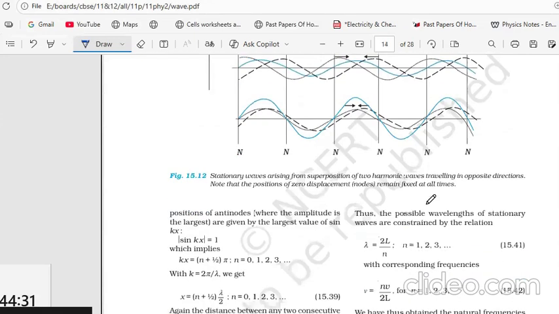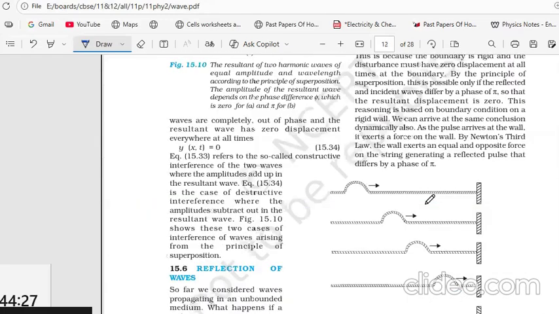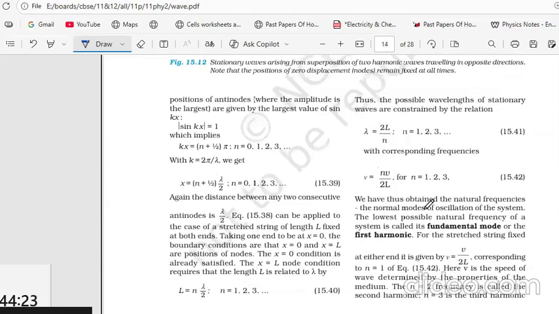So he says that the end condition, boundary conditions are that x is equal to 0 are positions of nodes, and these conditions require that L is related to lambda by this.